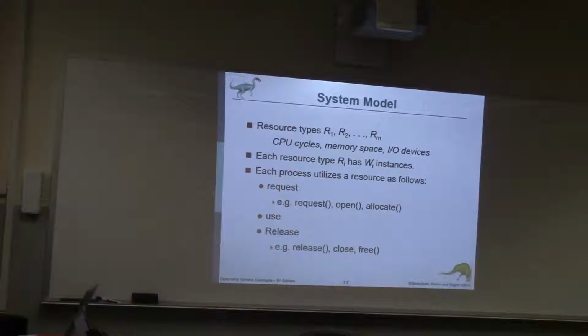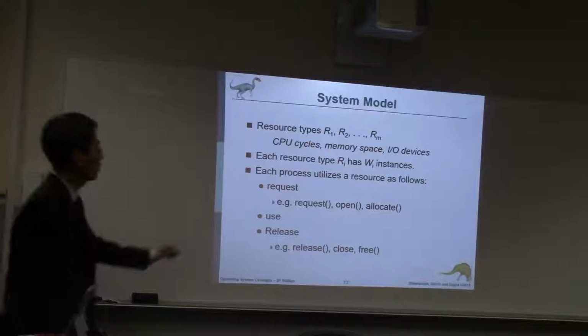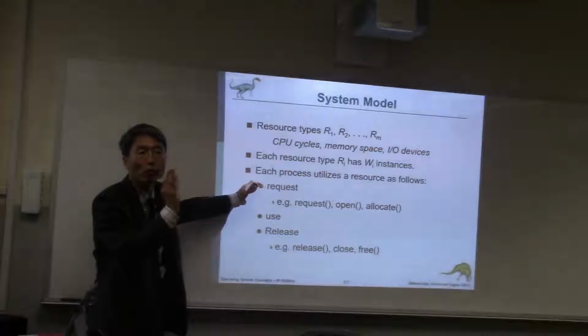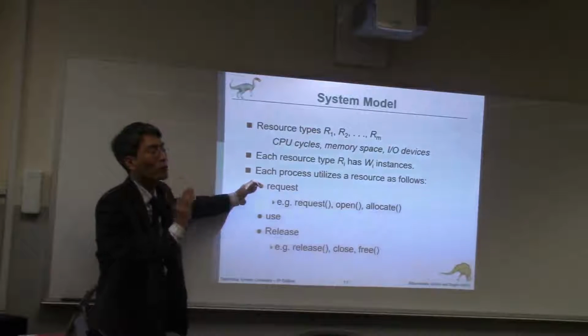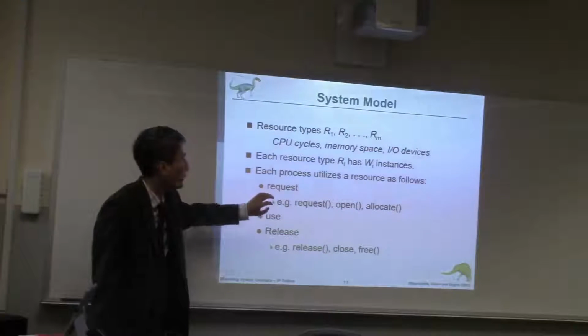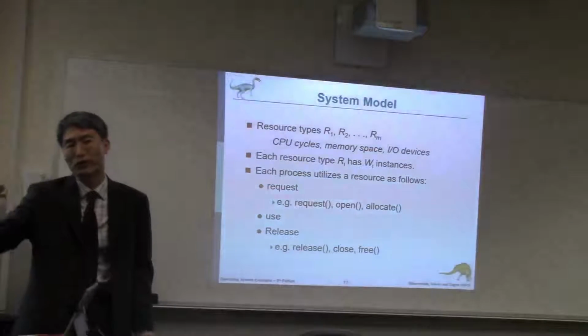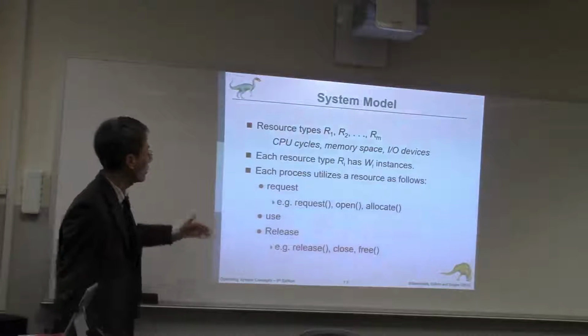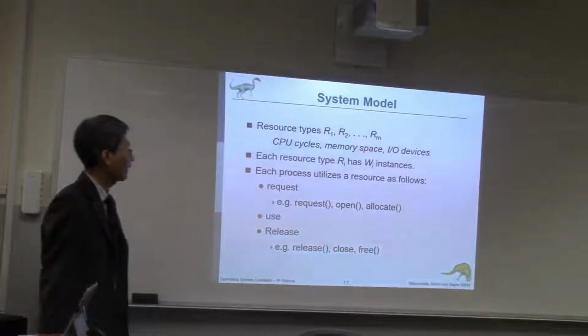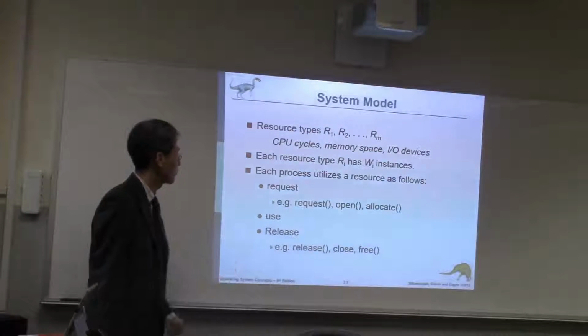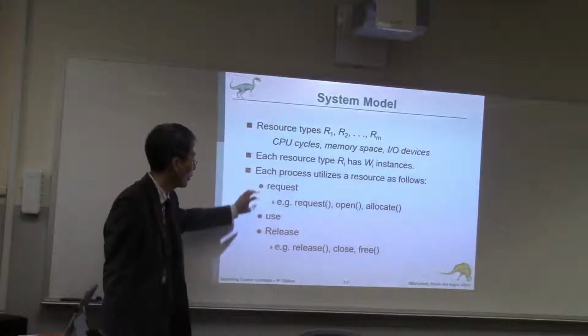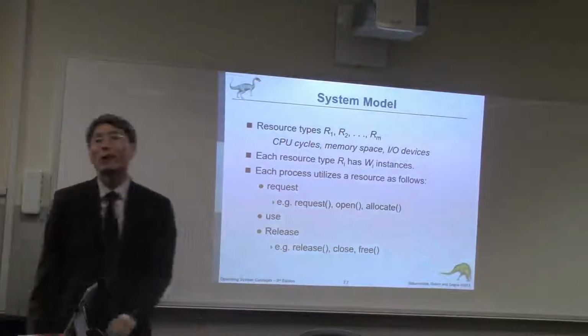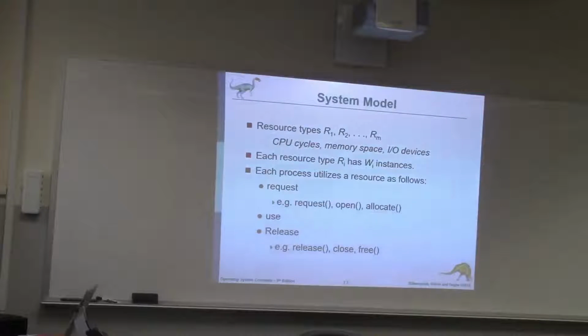Most of the time, a process acquires a resource using a request. First, check whether the resource is available. Request. Then, if approved by the operating system or the algorithm, acquire and use the resource. Then release. So always request, use, release. Sometimes the name of the method or function varies, like the fopen function to open a file.